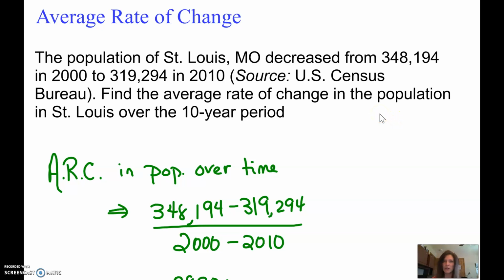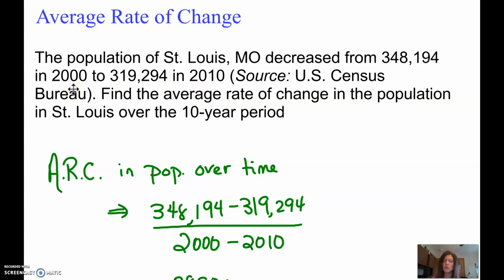One thing that we should note is that anytime I'm dealing with data that involves time or a year, I always consider the time or the year to be my x-coordinate. So in this case, if I'm going to find the average rate of change, I'm going to take the difference in the y's, which would be the populations, divided by the change in the x's.